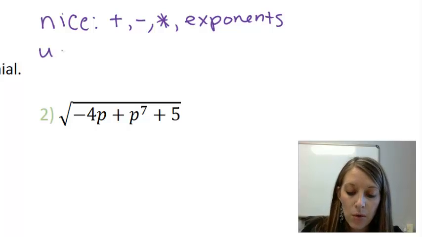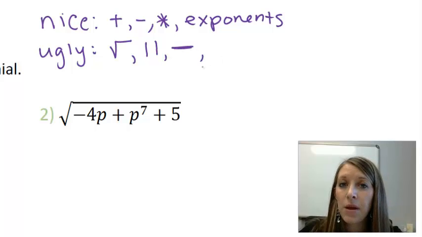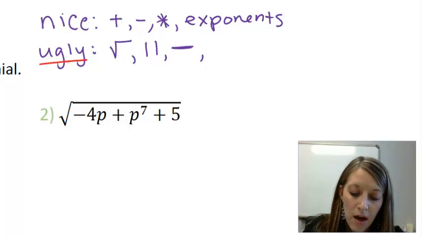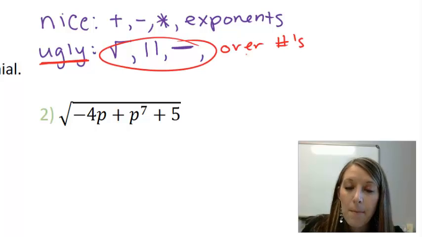And then the ugly, or not nice, operations are things such as radicals, absolute values, fractions, and there can be other operations here too. Just remember that with these ugly operations, they can be over numbers, but they cannot be over variables.